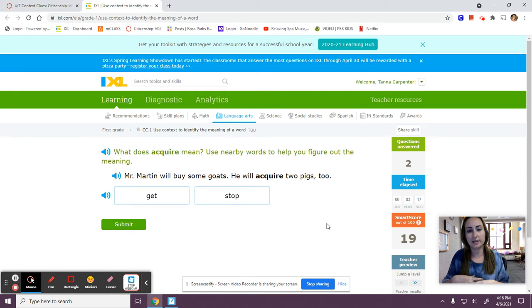Do you guys see what it is? He's going to buy goats and he's also going to buy some pigs. So buy and acquire are very similar. So that tells me that the correct choice would be to get. I'm getting my goats, I'm getting my pigs. So acquire, using my context clues, would be get.